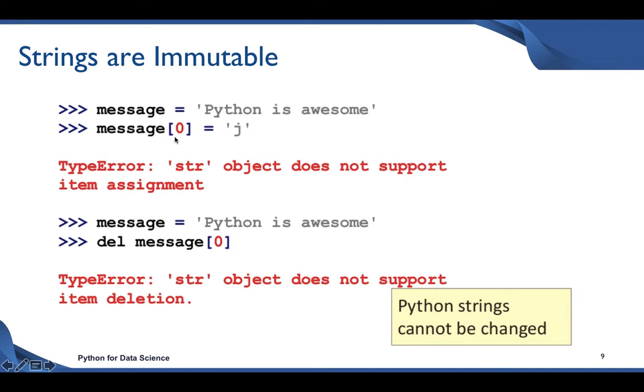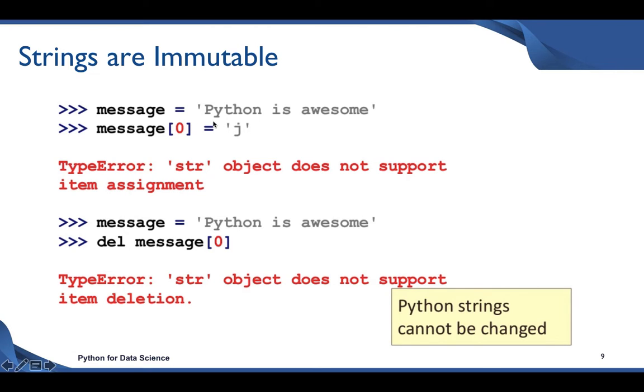And at the 0th position we have P, right? And at the 0th position we wanted to change P to J, right? So we are trying to modify the element present at a particular location, right? So this type of operation is not acceptable and it does not support item assignment.